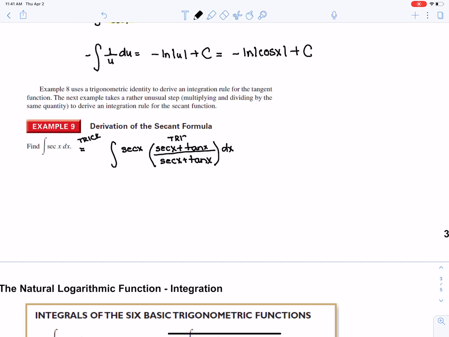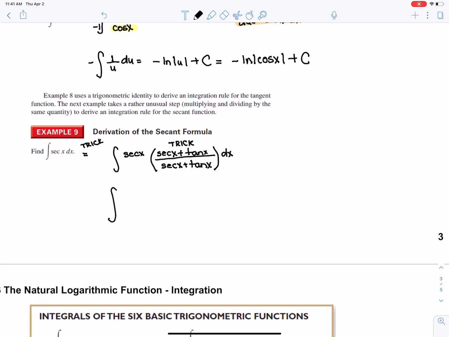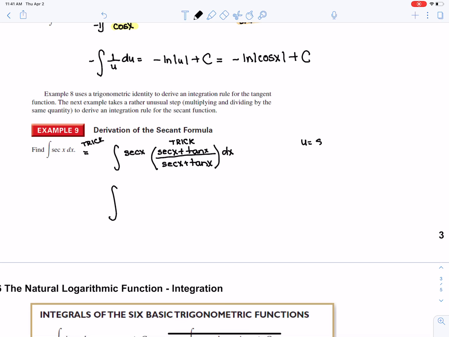I'm going to multiply top and bottom by sec x plus tan x, and I don't change the question. Now you'll notice that if I let u equal my denominator, sec x plus tan x, the derivative would be, whoops, the derivative of sec would be sec x tan x, plus the derivative of tan would be sec squared x.